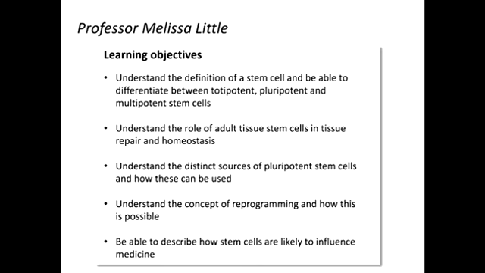So Melissa Little gave you a basic introduction to stem cells, the types of stem cells, their derivation, the differences between them. She talked about tissue-specific stem cells, IPS, didn't really cover somatic cell nuclear transfer, but also embryonic stem cells and the like.